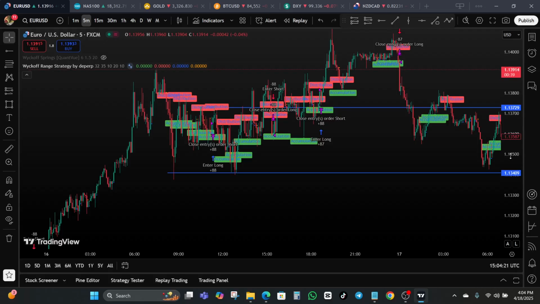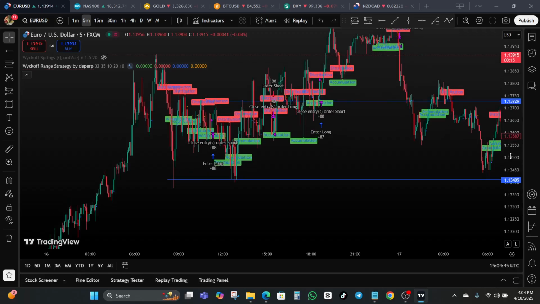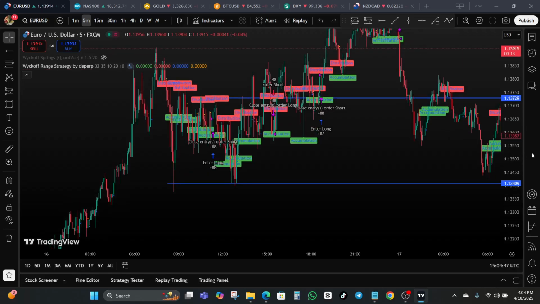So it is ideal for day traders, swing traders, and even scalpers looking for refined entries during critical moments. It works across all time frames and it can even be paired with other tools like Fibonacci, EMAs, or liquidity zones.